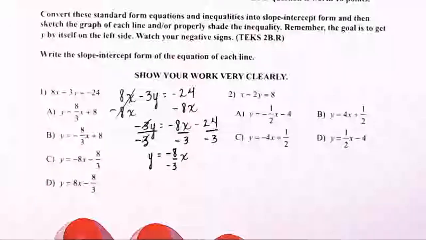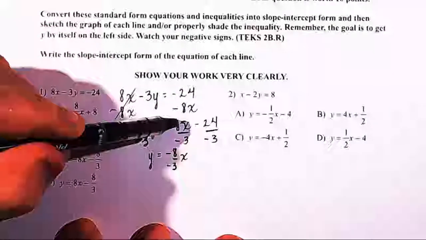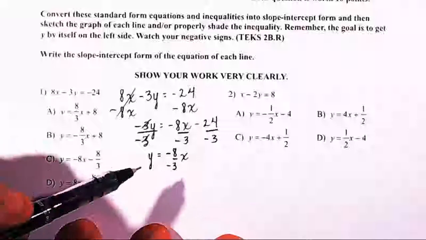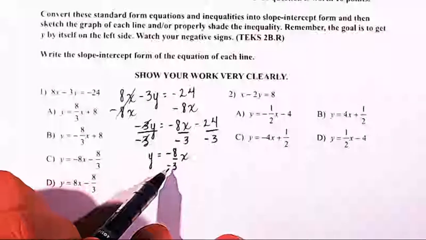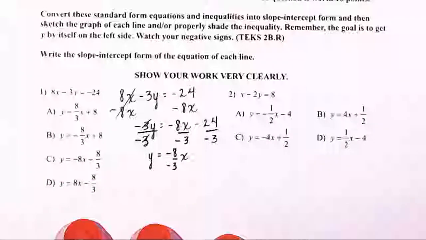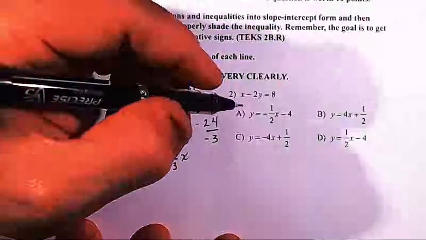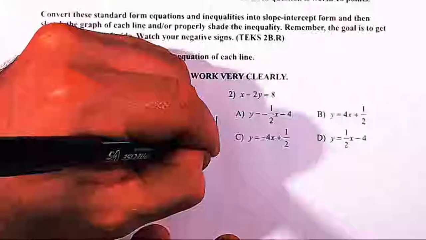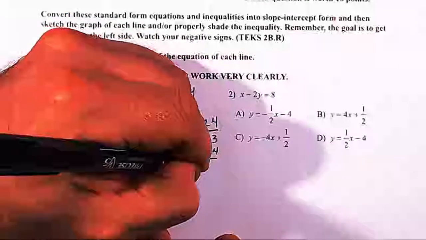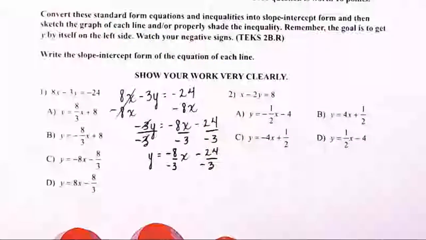So take a moment, pause the video, and notice how negative 8x over negative 3 is exactly the same as negative 8 over negative 3 times x. Okay, so now we have minus 24 over negative 3.